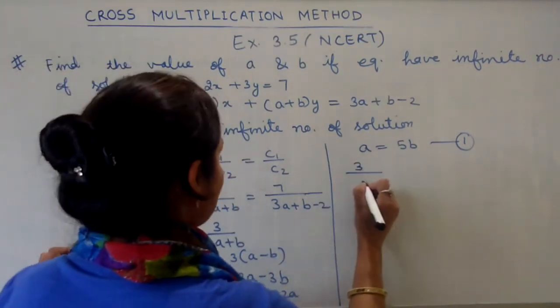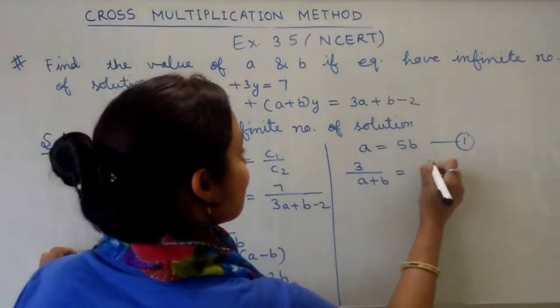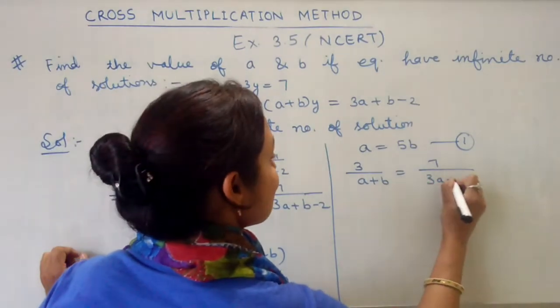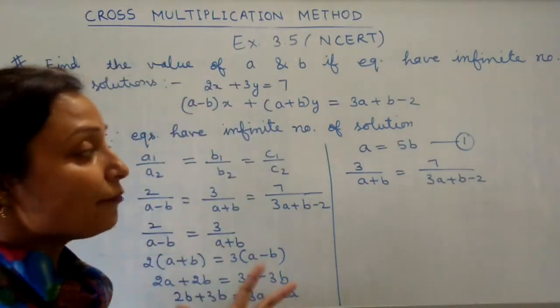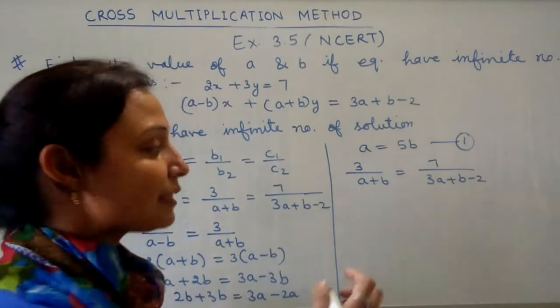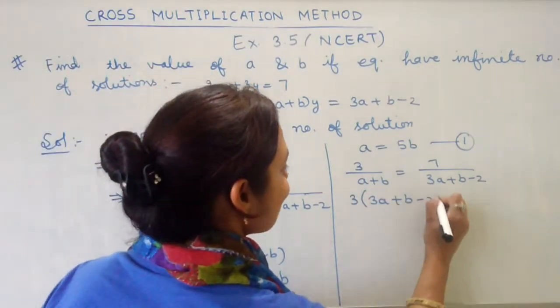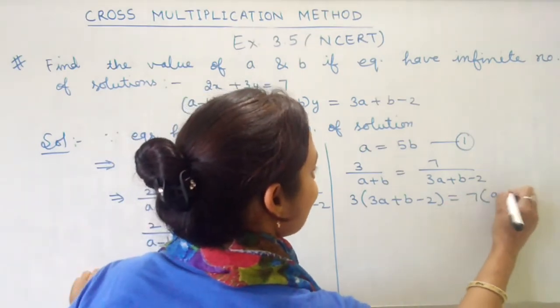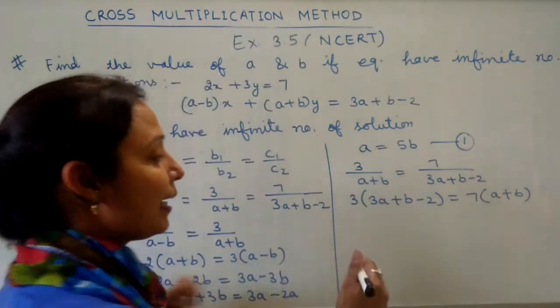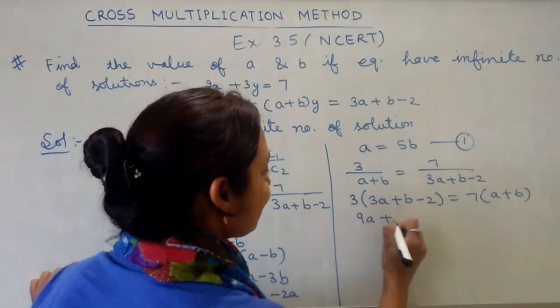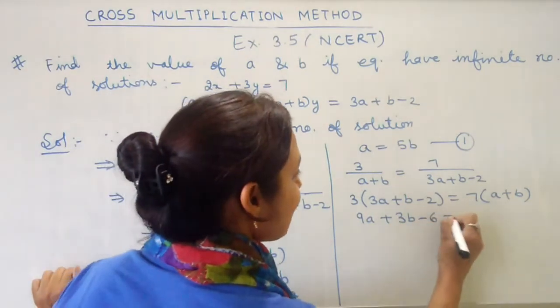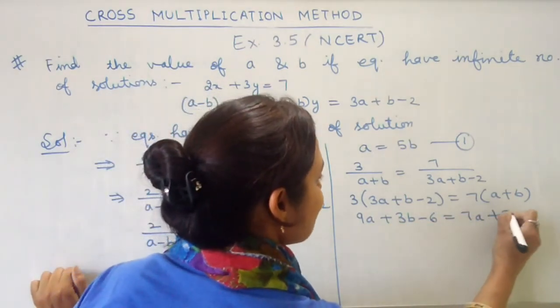Taking the second and third terms, 7 upon (3a plus b minus 2). Again take the cross multiplication: 3a plus b minus 2 is equal to 7(a plus b). Now multiply: 3 threes are 9, so 9a plus 3b minus 6 is equal to 7a plus 7b.